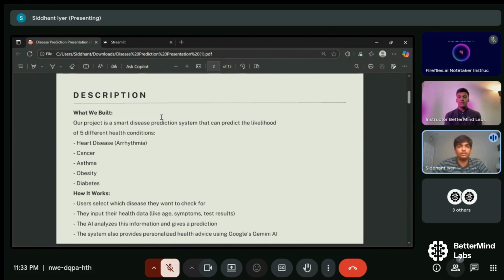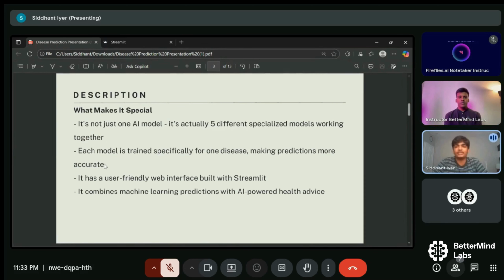What we built was a program that detects whether a disease is prevalent in the user's body based on their lifestyle, their symptoms, and their age, all of those factors, and Google Gemini AI would determine whether you have it or not from 5 models we created: heart disease, arrhythmia, cancer, asthma, obesity, and diabetes.